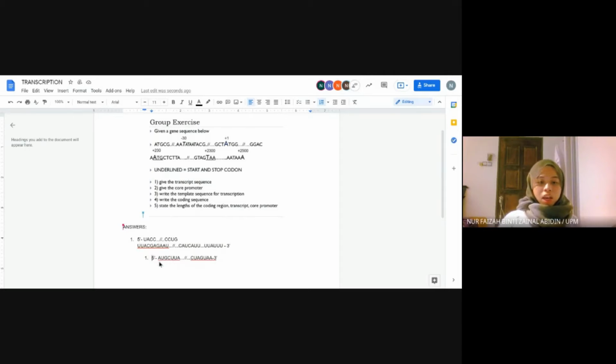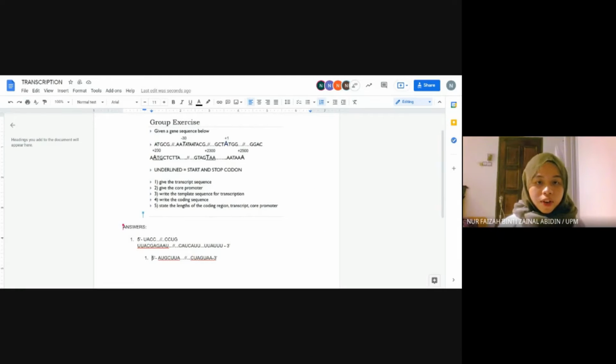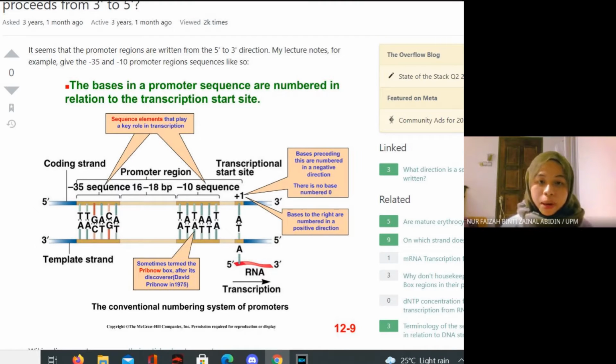And why my answer is AUG CUUA instead of TACGA AT is because from this diagram, as you can see, the sequence in the figure is 5 prime to 3 prime. This is the DNA strand, so 5 prime to 3 prime. But this is the coding sequence, and the RNA does not transcribe from the coding strand.